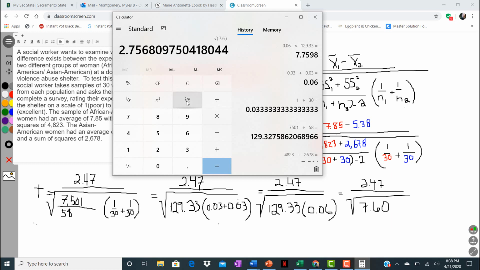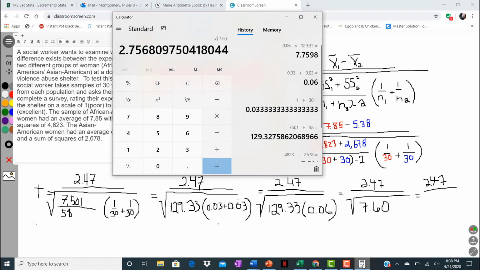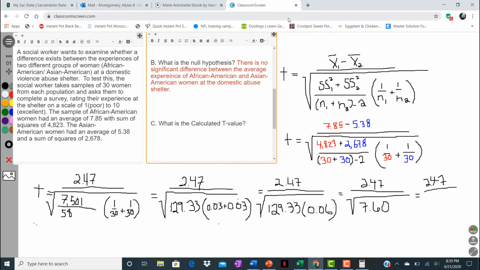Excuse me again, sorry about that. 2.47. Once we took the square root of 7.60, what do we get? 2.76. I can see where this is headed.